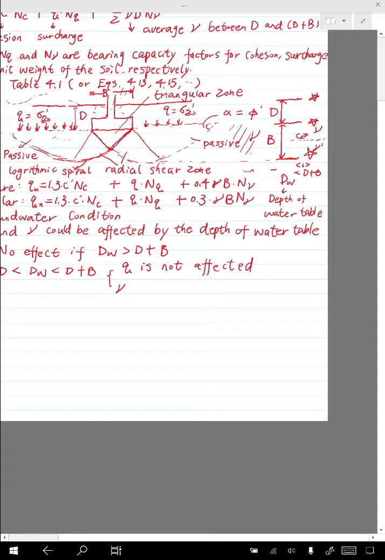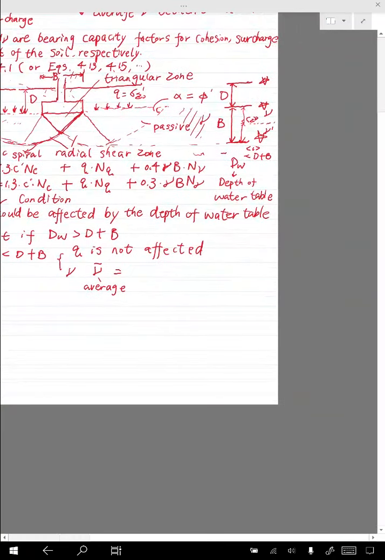So we need to add them up and get the average. And this is actually the weighted average. And the weight is the depth of this submerged zone and zone above the water table. So for this gamma, we use gamma bar. So that means an average. Here I'll give out the equation directly. So if you are interested, you can derive it yourself. It's gamma bar equals gamma prime plus dW minus D over B, then times the difference between gamma and the gamma prime.